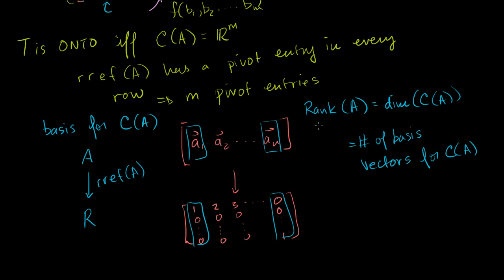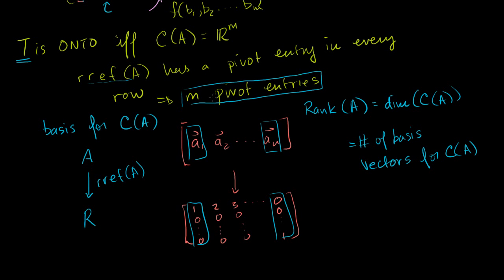Now, the whole reason why I talked about this is we just said that our transformation T is onto if and only if its column space is Rm, which is the case if it has a pivot entry in every row in its reduced row echelon form, or since it has m rows, it has to have m pivot entries. So for every row you have a pivot entry, but every pivot entry corresponds to a pivot column.